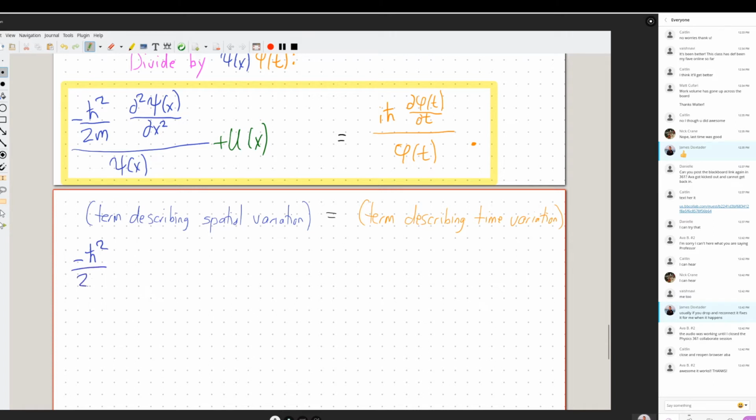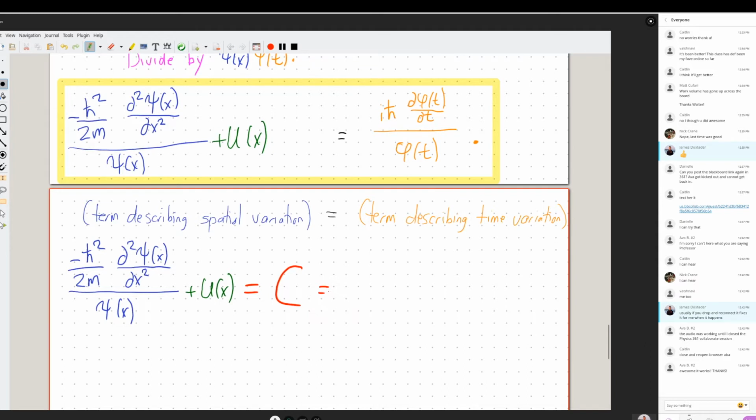Minus h bar squared over 2m times this monstrosity plus the potential term that's just chilling equals a constant, and that's also equal to this part.